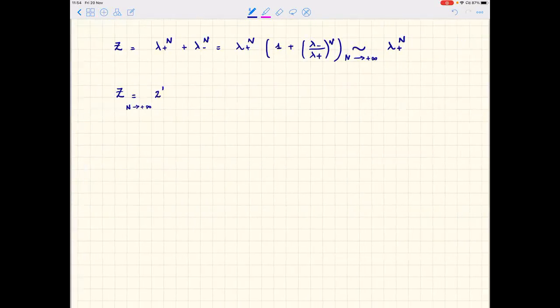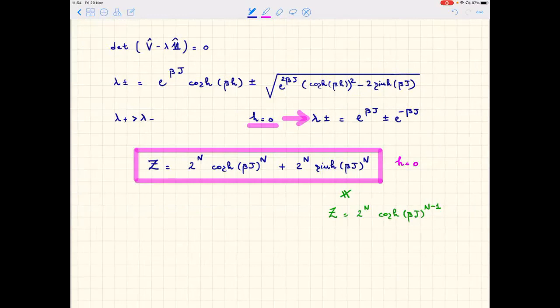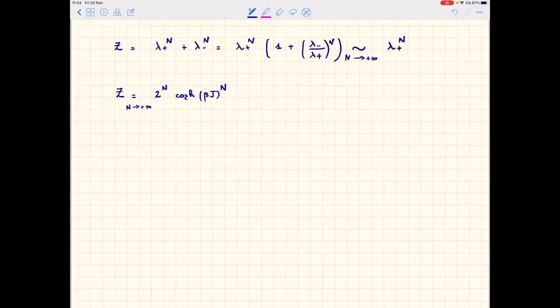So I will get 2 to the N cosine hyperbolic of beta j to the power N. But if N goes to infinity, N minus 1 and N are the same, right? If N is much, much larger than 1, you can forget about this minus 1. And therefore, in the thermodynamic limit, the two partition functions are identical, and the free energies are also going to be identical, and everything else. Okay?